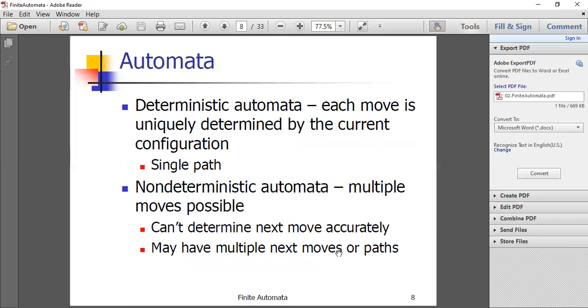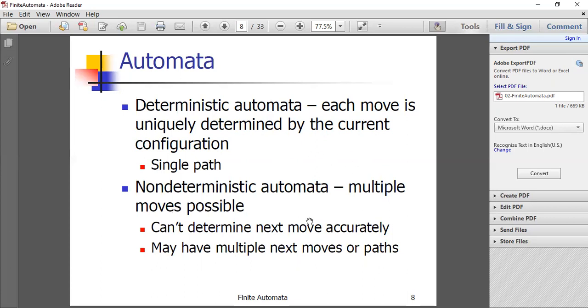So we have two types of automata here. First one is DFA, that is deterministic automata, and non-deterministic automata, that is also called NFA. So what is deterministic automata? It is nothing but each move is uniquely determined by the current configuration. That is a single path. In DFA, we have only one path from one state to another state.